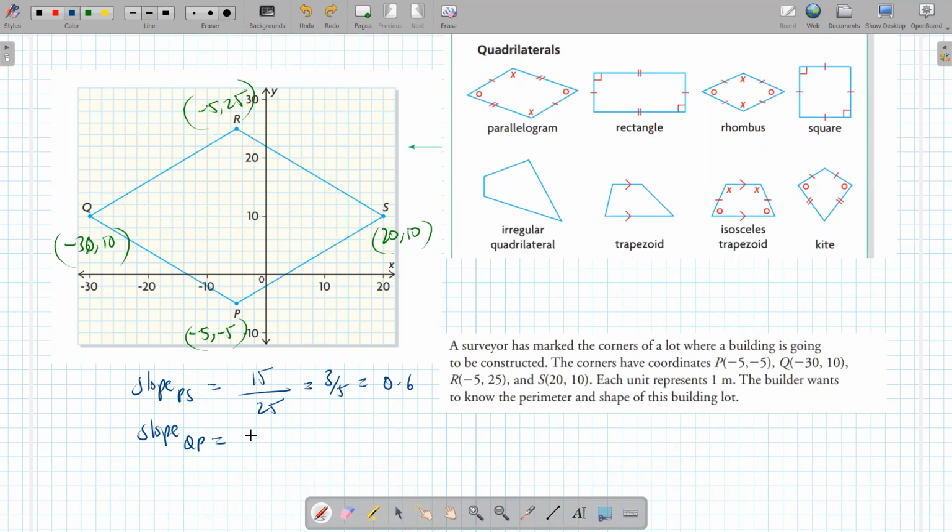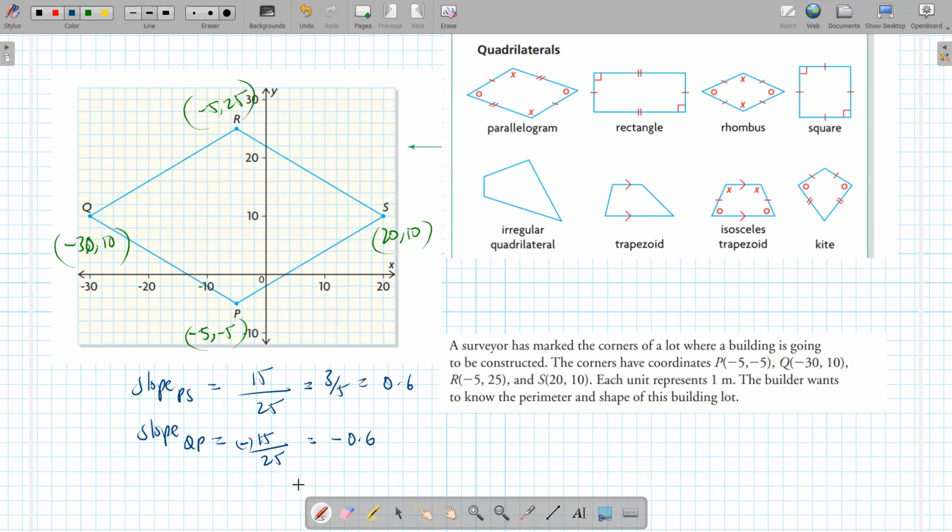It's 15 on the Y. What about on the X? 25 units. And because it's going down, it's falling, it's gonna have a negative sign. So the slope here is -0.6.